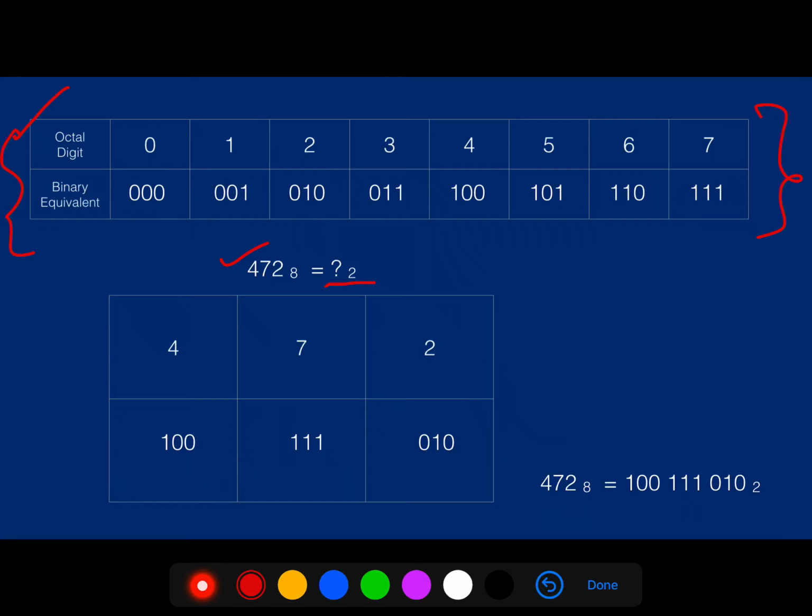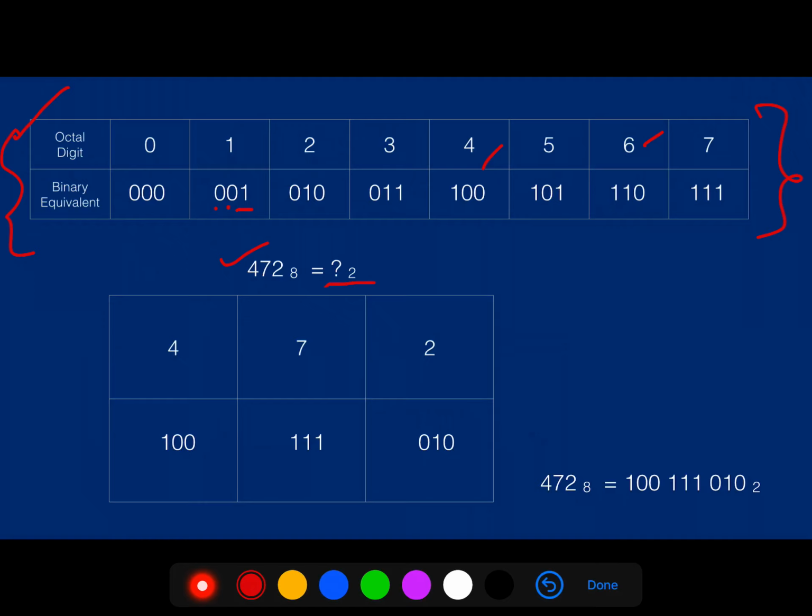Now you know how I got 100 for 4 and how I got 110 for 6. That is simply the binary equivalent of that octal digit, but it will be a group of 3 bits for a single digit, and you have to fill the rest of the bits with 0 to complete the 3-bit binary equivalent. Now we have an example: 472 base 8 equals what in base 2.